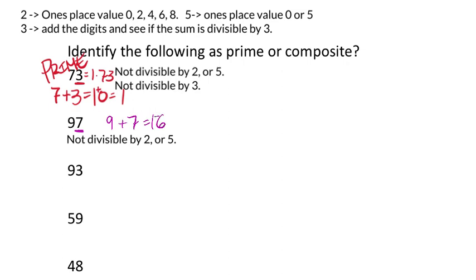Now, if you didn't know, 16 is not a multiple of 3. Add those together, you get 7. Well, 7 is not divisible by 3 either, which means that not only is it not divisible by 2 or 5, but it's also not divisible by 3. Okay? So this one, 97, we also say it is prime.